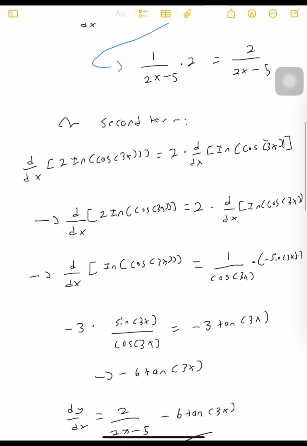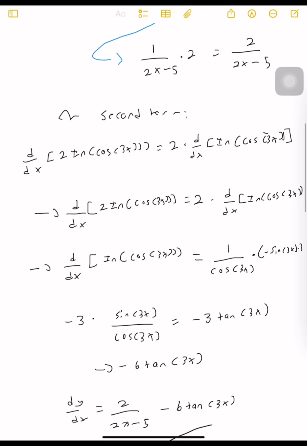For the second term, we use the chain rule: d over dx of 2 ln cos 3x equals 2 times d over dx of ln of cos of 3x.